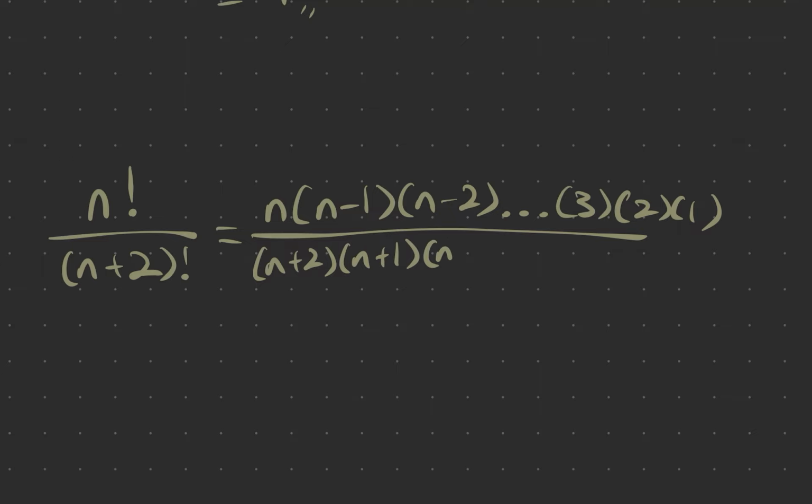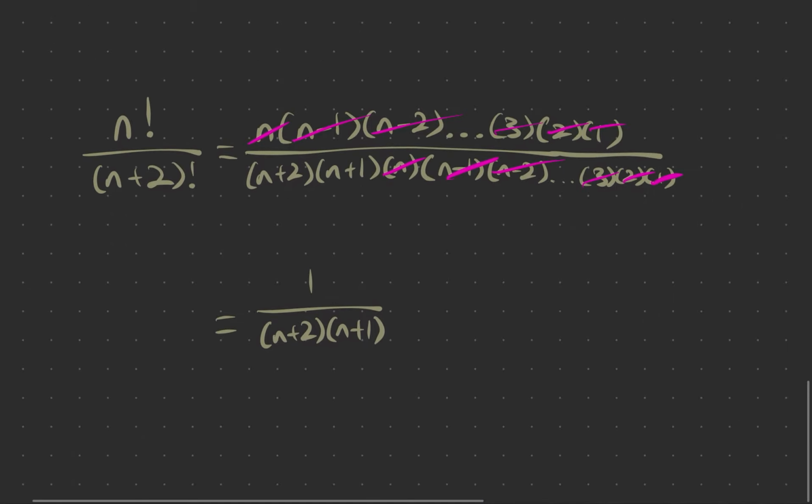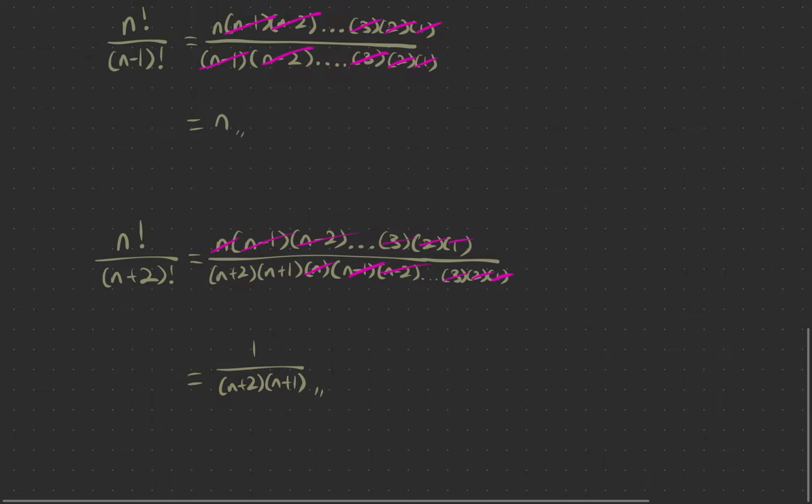And then you have n, then n minus 1, n minus 2, and it goes on until 3, 2, then 1. So over here, find the common terms that you can cancel out, which are n minus 1, n minus 2, and 3, 2, 1 at the back. So n factorial over n plus 2 factorial is just 1 over n plus 2 times n plus 1. You can choose to expand this, but I usually like to keep it in the factorized form because it's neater that way.